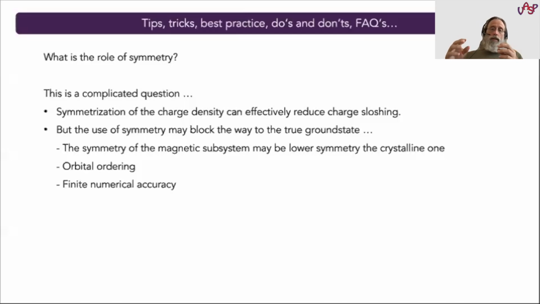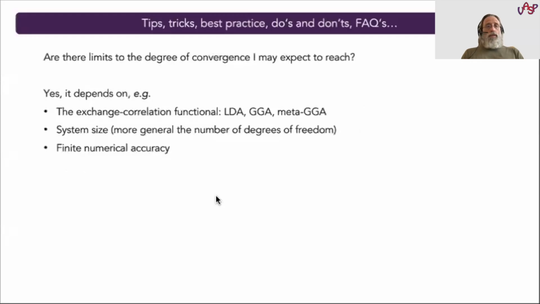Then the charge density is mixed, and it is thrown away, and the calculation doesn't reach convergence because of this. So the combination of finite numerical accuracy and symmetry might effectively hinder convergence. So are there limits to the degree of convergence I may expect to reach?